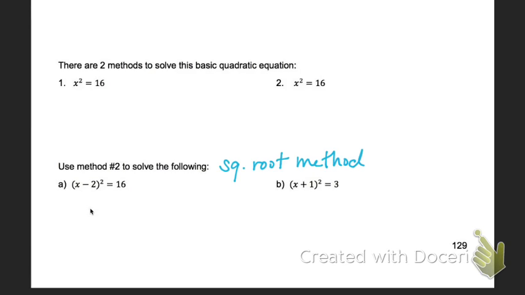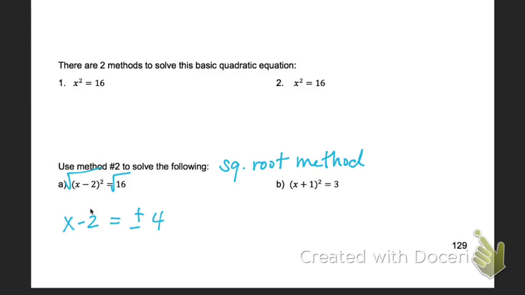So I'm going to do A, and then I will let you do B. Okay, so A, I'm going to square root the left, I'm going to square root the right. When I square root the left, I get x minus 2 equals plus or minus 4.